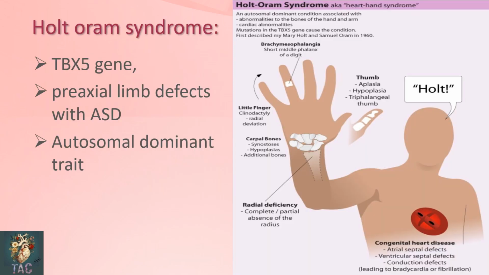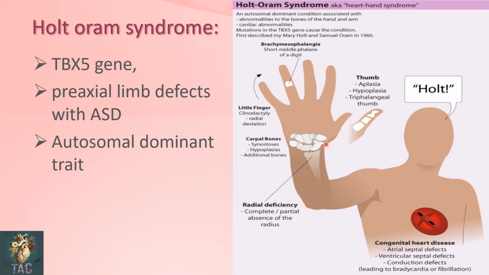Second anomaly is Holt-Oram syndrome. The gene which is affected is the TBX5 gene, and there is a defect in preaxial or radial limb development associated with atrial septal defects. In the thumb there may be aplasia or hypoplasia, or a triphalangeal thumb may be present. Also the middle phalanx can be affected, the little phalanx can be affected.